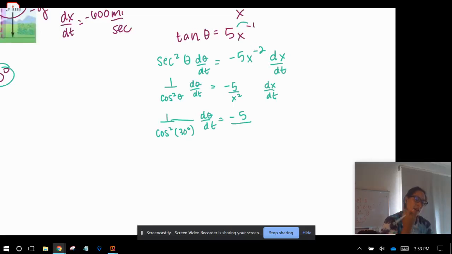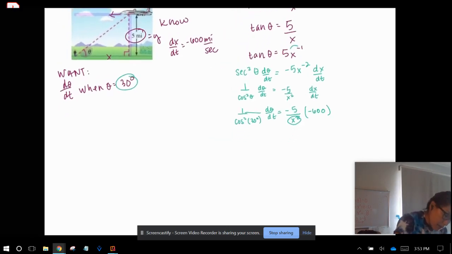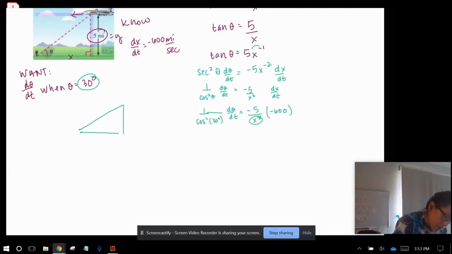And I am like, wait a second, I think I'm going to need something for x squared because I have too many variables here. And I know that dx dt is equal to negative 600 miles per hour. So let's see, how can I figure out what x is? Well, remember trig? I have a right triangle. I have a 5 for my y.